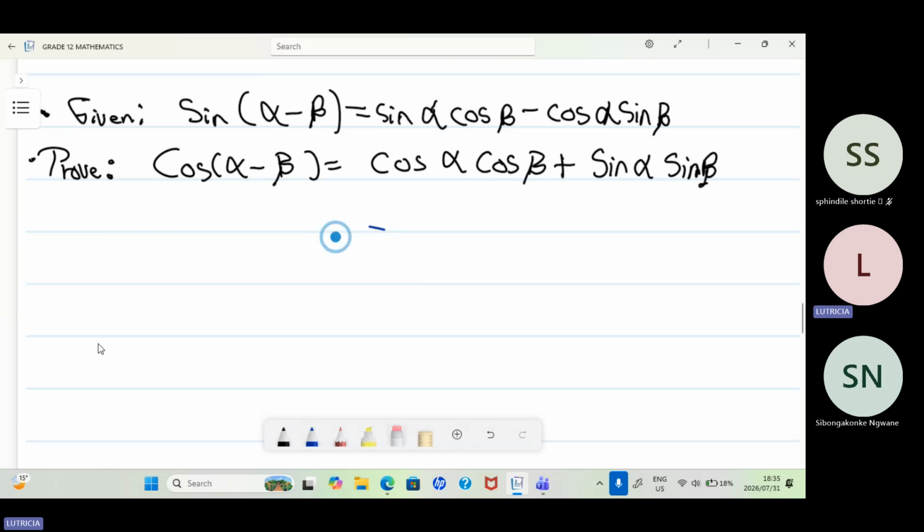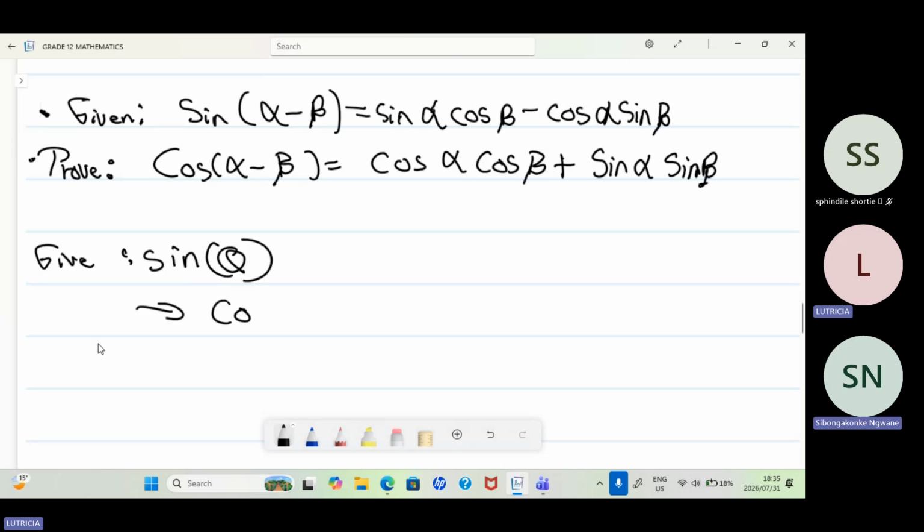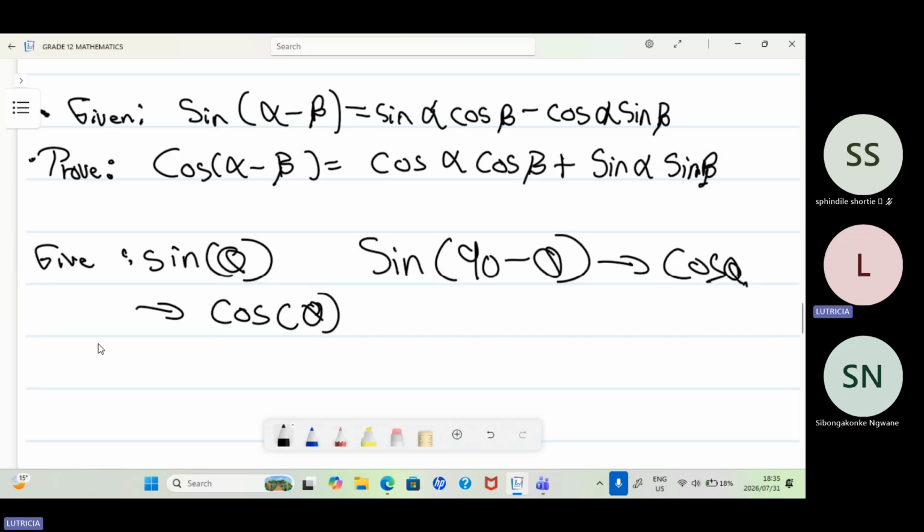Because whenever at the top you're given something with a sine and an angle of some sort, and the end solution has a cos, there's higher chances that you have to use the sine of 90 minus theta to convert it to cos theta.